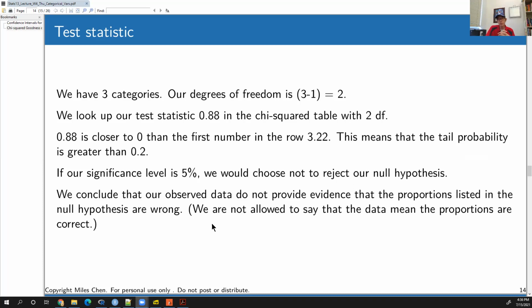So you can use the chi-squared goodness of fit test for things like testing to see if a die is fair. If you roll a die, you're expecting each of the 6 sides to show up with equal probability. So now you have 6 categories, and you could roll the die, say 1,000 times. How many times did I get the number 1? The number 2? The number 3?